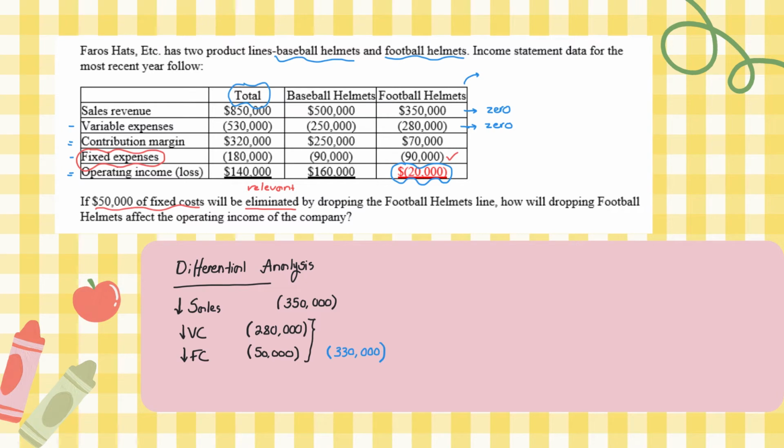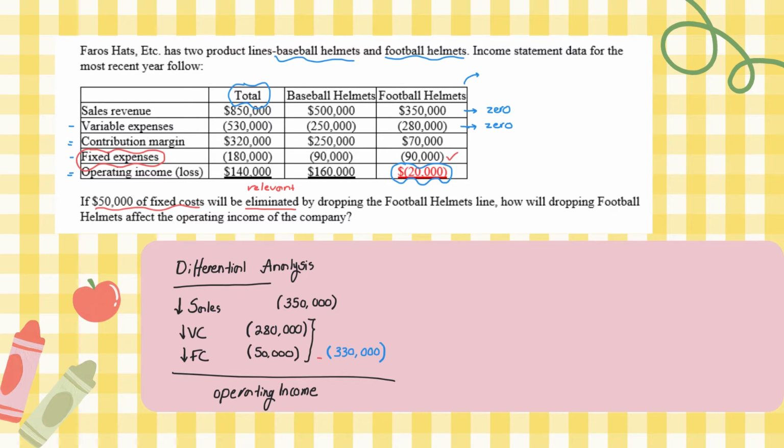Okay. So now what's going to be the effect on operating income? Will it increase or decrease if we drop this line? Now we have negative 350 less the negative 330.